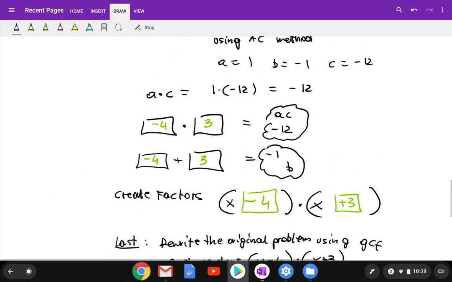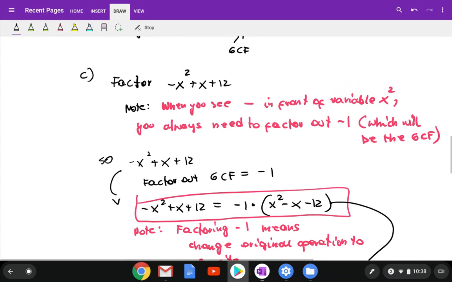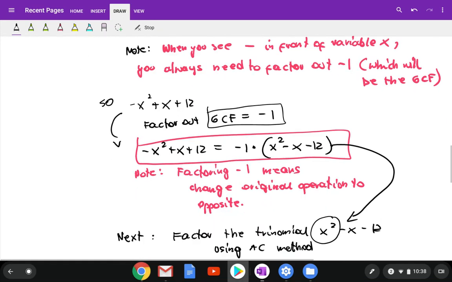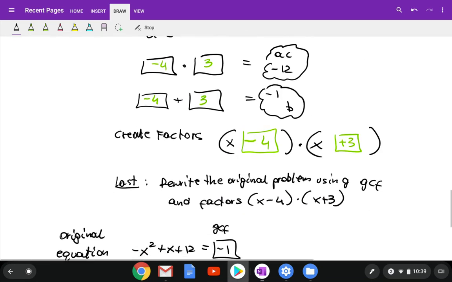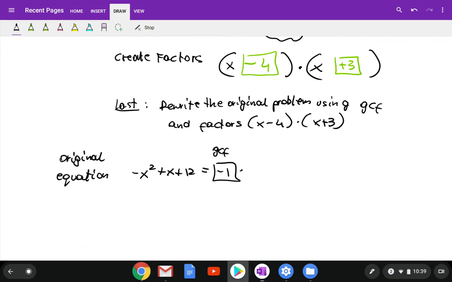Okay, right here, going back to the beginning, the GCF, and the factors which we just found, x minus 4 times x plus 3. And that's our final solution. Okay, so don't skip that GCF because without that, it won't be correct.